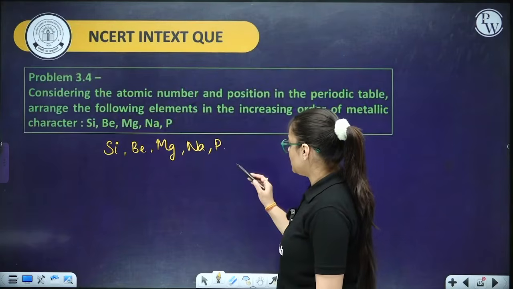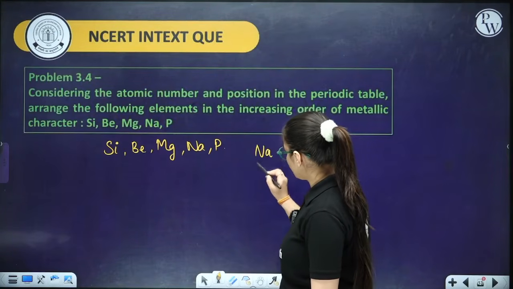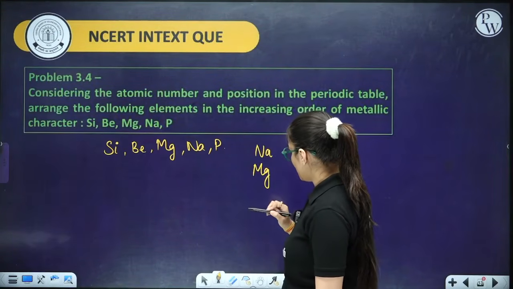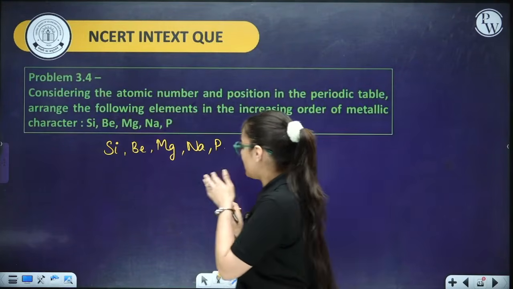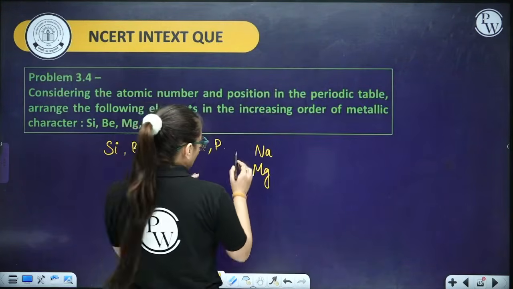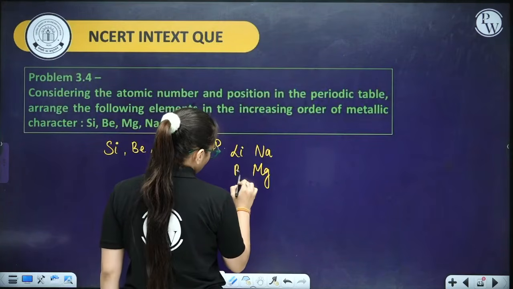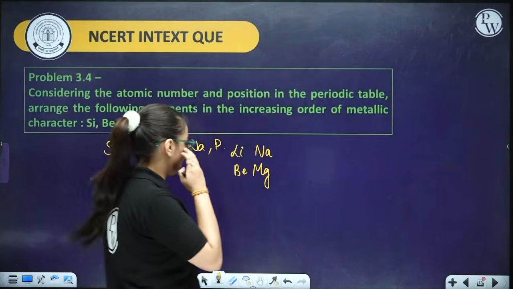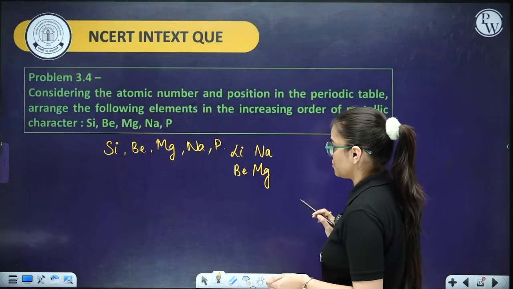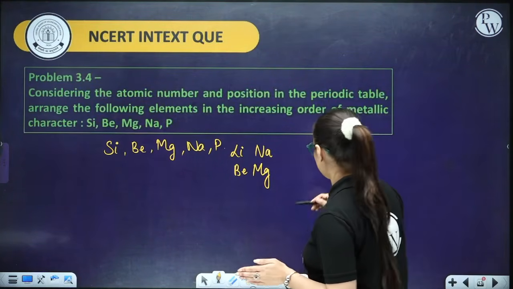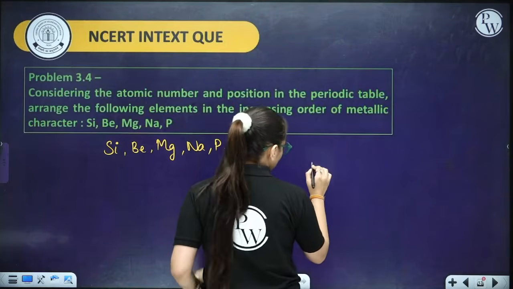Yes, everyone. See, sodium lies over here, magnesium over here. And I'm just writing the order, students, in order to make you understand. Beryllium, magnesium, sodium, and then we are left with phosphorus and silicon. Sorry, phosphorus and silicon, not potassium.